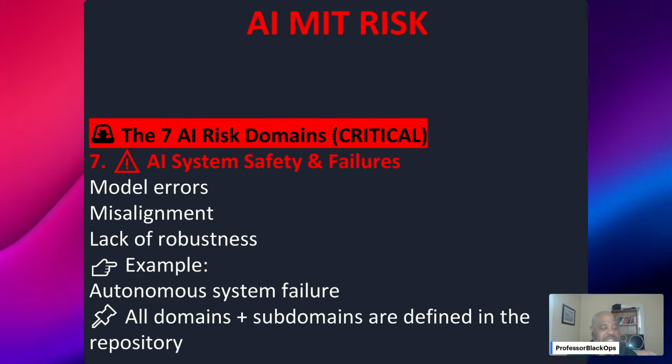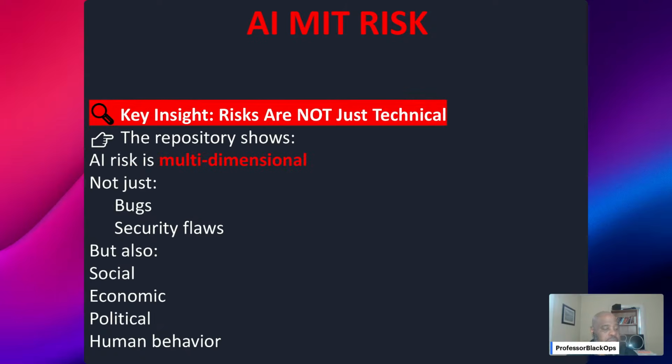Seven, AI system safety and failures: model errors, misalignment, lack of robustness, autonomous system failures. All domains and subdomains are defined in the repository. Key insight: risks are not just technical.